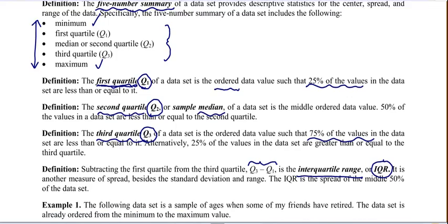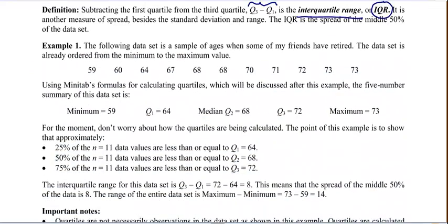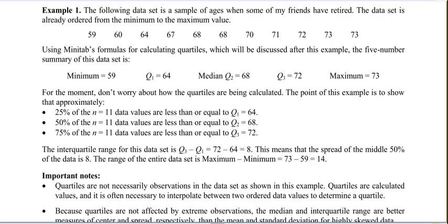I've added an example here just so I could show you where Q1, Q2, Q3 are in the data set. I'm not talking in this video about how to compute them. I just want you to realize what these values mean with respect to being ordered in this data set. So here's the data set. I'm getting a little bit older and a lot of my really good friends are retiring.